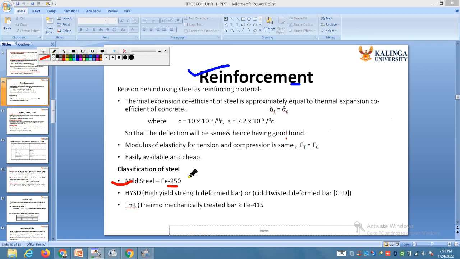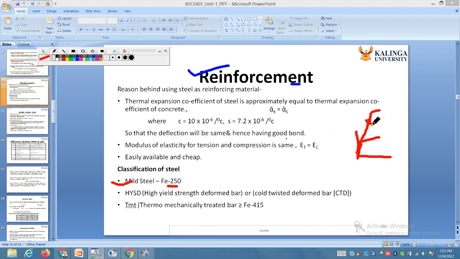At a certain point, which we call the yield point, in case of ductile material we get a straight line or sometimes a curve, and then we draw a tangent to this curve, and after a certain point non-linear behavior starts.